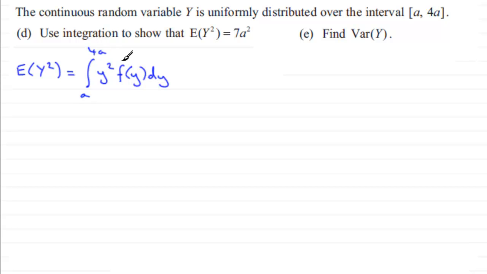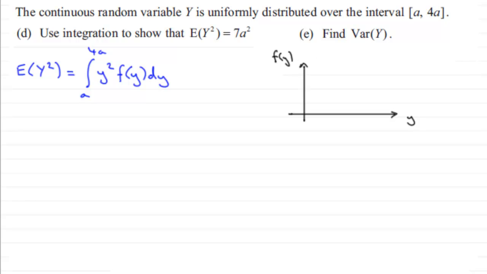Now the question is though, what is f of y? What is our probability density function for this uniform distribution? I'm going to draw a quick sketch here to illustrate the distribution, and we'll see if we can work it out. So we've got y here and we've got f of y.